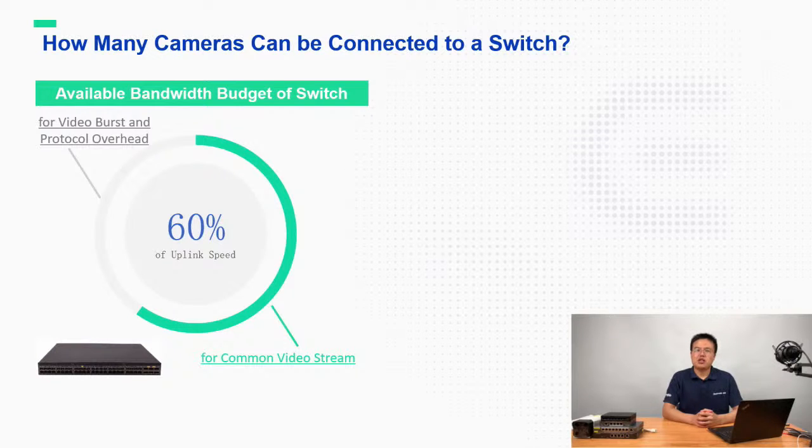A switch is limited by the bandwidth of the uplink to transmit the videos. For a given switch, the available bandwidth budget is actually 60% of the uplink speed, the capacity for common video streams, and the remaining 40% is for video bursts and protocol overhead.